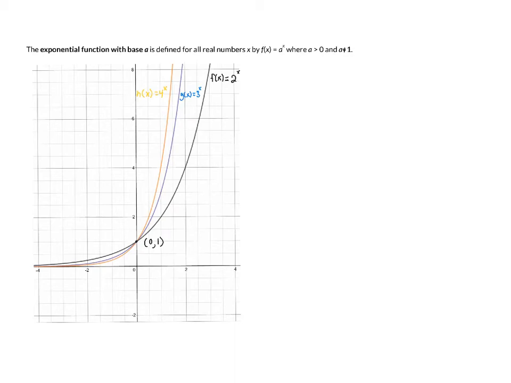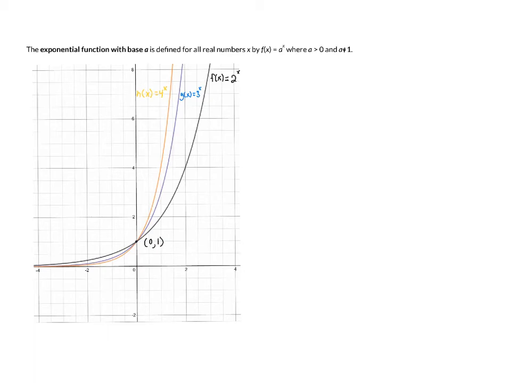Now, things work differently when we look to the left of this point (0, 1). We can see that the larger the base, the smaller it is, or the more quickly it goes down towards the x-axis. The reason for this is when we have a negative exponent, we saw that that gives us something that's fractional.